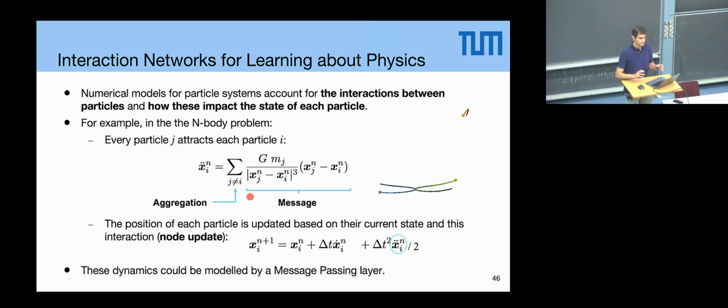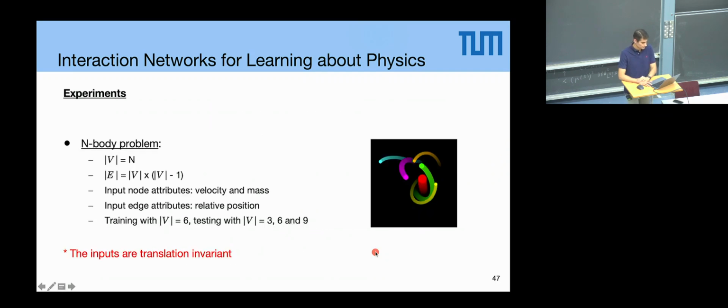So just with one single message passing layer, we can represent the dynamics happening in the n-body problem. For instance, we saw that in this case, the message will correspond to Newton's gravitational law. The aggregation, which in this case is the summation, corresponds to the sum of forces, and then the Euler integration for updating the location of the nodes corresponds to the node update.